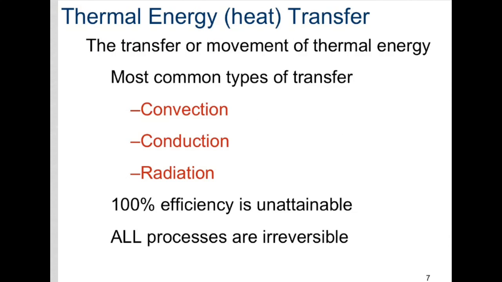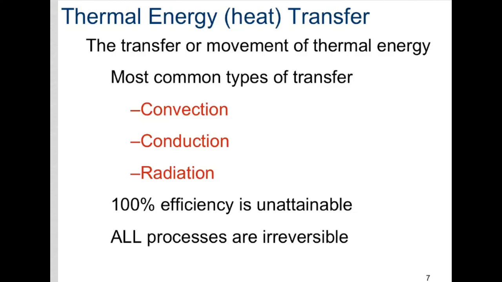Now the transfer of thermal energy, which you can think of as heat, can happen in a couple of different ways. First, convection. I always think of a convection oven. Convection means the heat is transferred through a fluid, and you can think of the air in an oven as a fluid, where the hot air rises, because hot fluid is less dense. The particles are bouncing around, so it's less dense, and it rises, and the cooler air falls and then gets heated up.